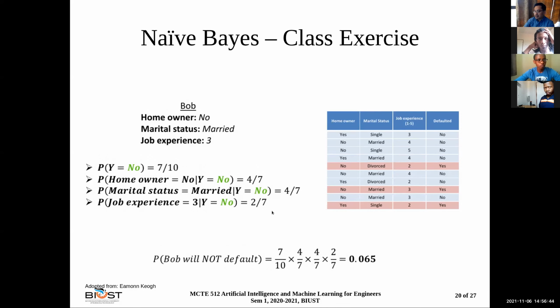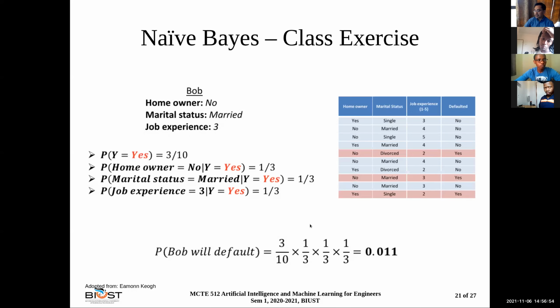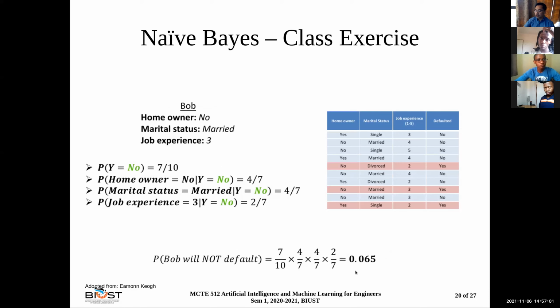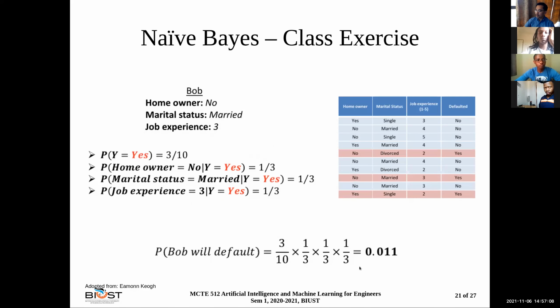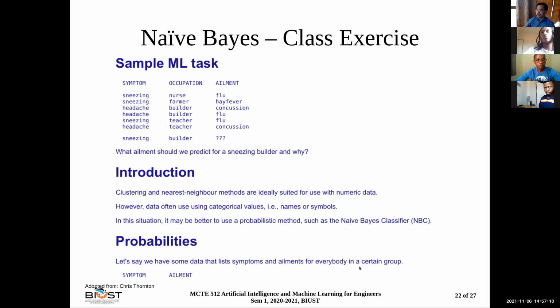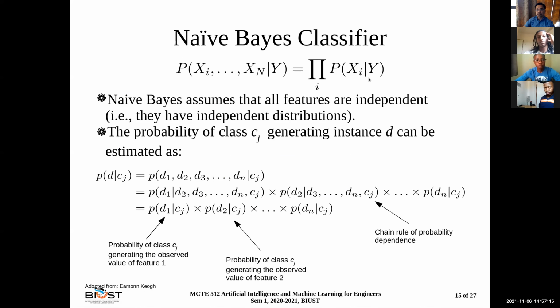So in this case, the overall probability is included along with all the other features that are given, and it is smaller than the other one. And so we say that most likely Bob will not default. That means Bob will pay his loan. But again, bear in mind that given the class and all the other features, we multiply everything.